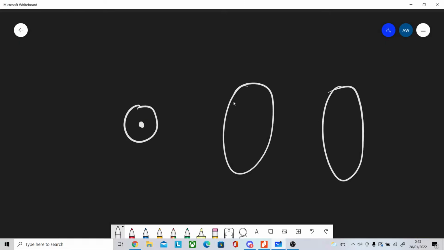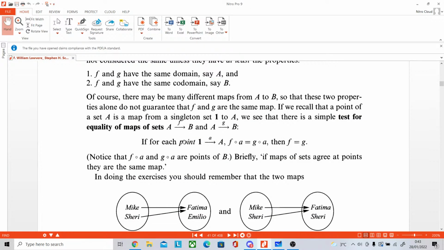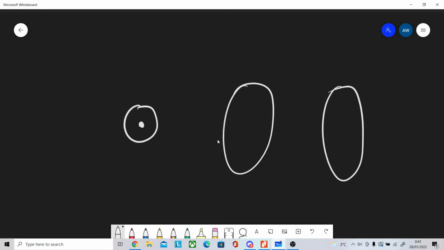Obviously, if you have a set which consists of a single point, and then you have A and B, and then you have, say, for each point, right?